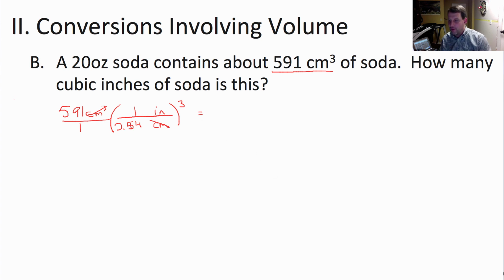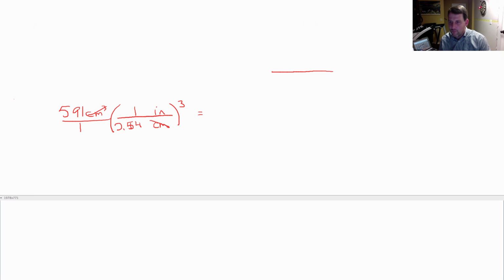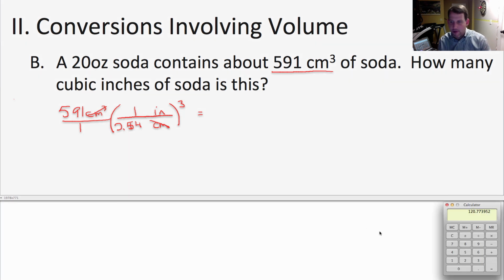Let me bring my calculator up real quick. All right, so as I enter this in my calculator, I'm going to start by just typing in 591. And now the next number, the 2.54, is on the bottom of the fraction. So cubed means I'm going to be doing whatever I'm doing 3 times.